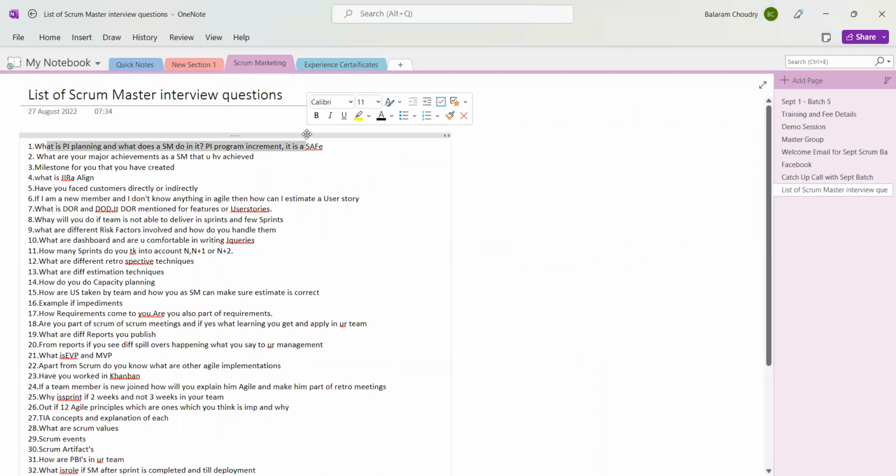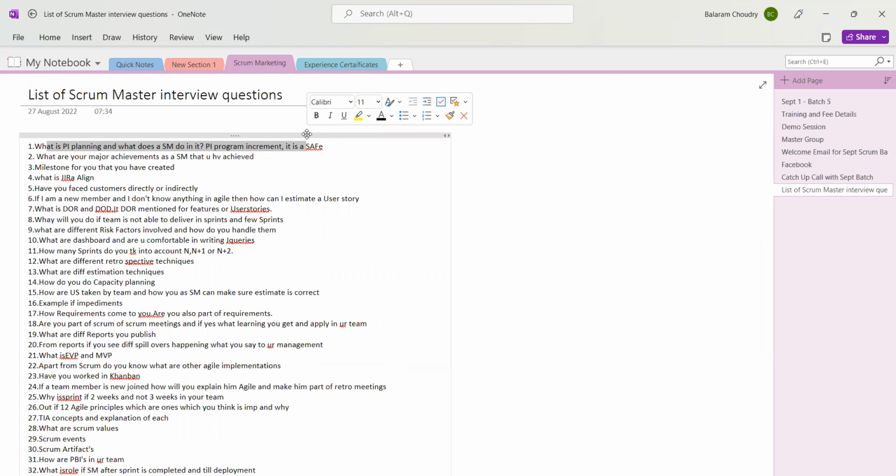So PI planning, keep it basic. PI is program increment. It is a part of SAFe, and the planning is done for 4 to 5 sprints in advance, where we have 4 regular sprints and a fifth sprint will be IP sprint, which is reserved for the innovation work. That's all. Nothing much you will have to do. And the role of SM would be to plan for the sprints.